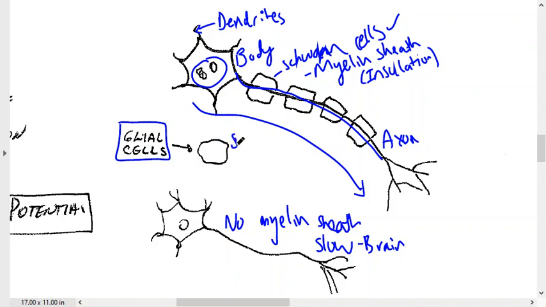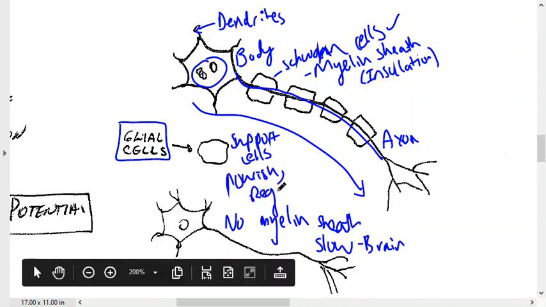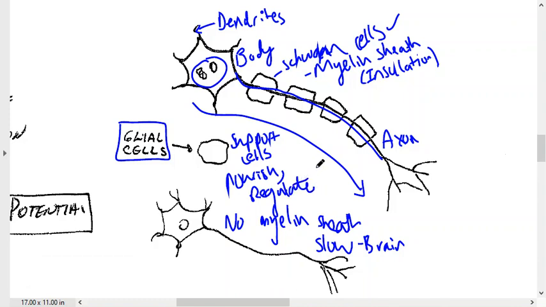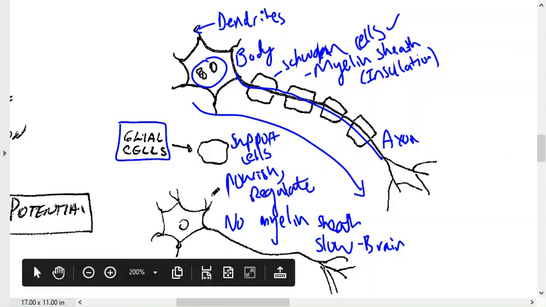But think of these cells as support cells. They nourish and they help regulate, in particular, the extracellular fluid around the nerve cell. But that's what glial cells do.